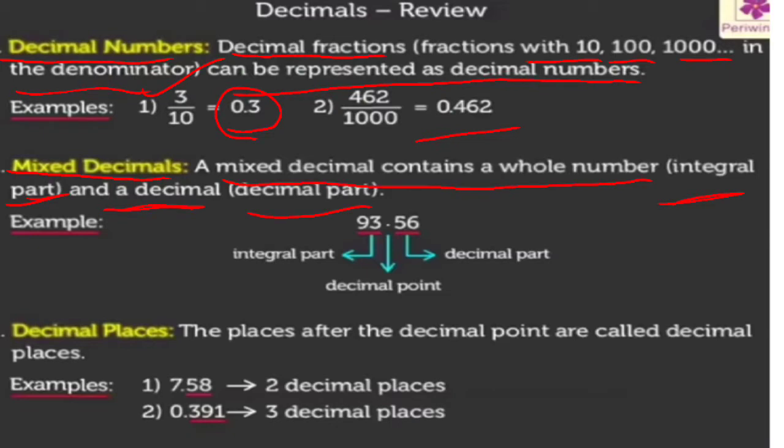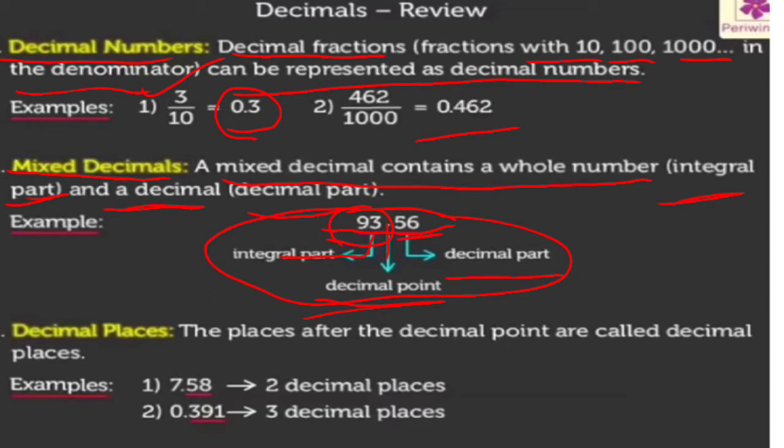You can watch the next example I am showing you. This is a decimal number in which the first part is the integral part. The whole number 93 is a whole number, so we call it an integral part, and next is the decimal point, and the right hand side number is the decimal part.